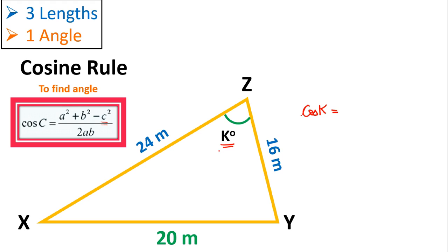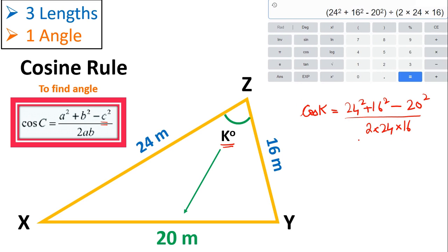Now, which one's my c squared? The length that is right opposite to my capital C, or my angle, whichever angle that is, the length right opposite to that becomes my small c, which means this is supposed to be subtracted from the a squared and b squared. So I'm just going to write 24 squared plus 16 squared minus 20 squared divided by 2 times 24 times 16.